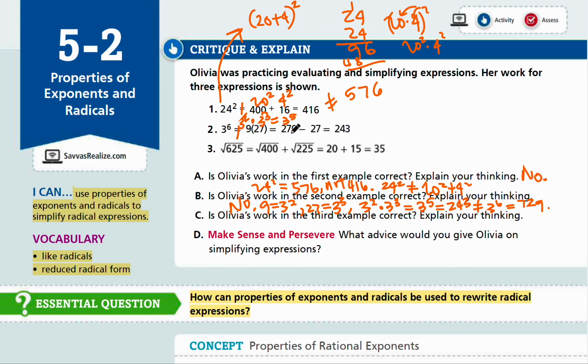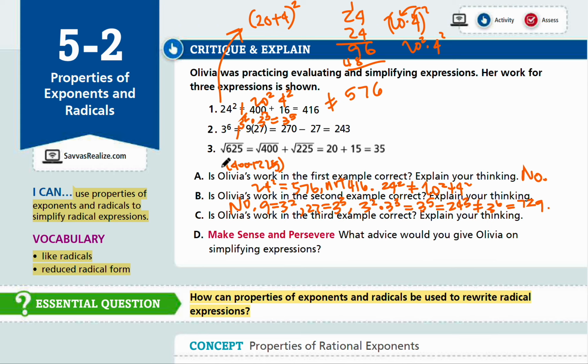Well, again, she thought 400 plus 225 is equal to 625. So, oh, I can just separate them, right? No. Well, you can do 400 plus 225, but that's still 625, right?